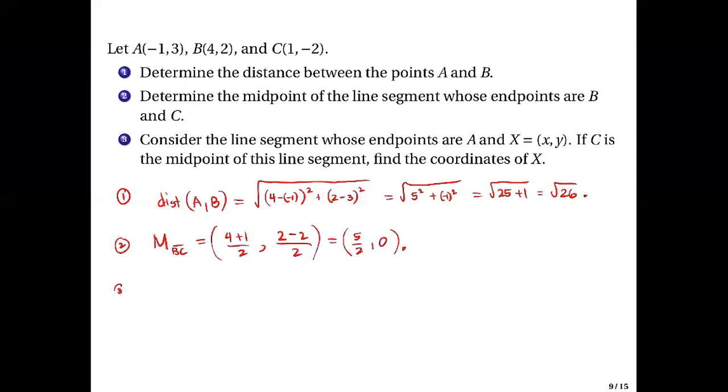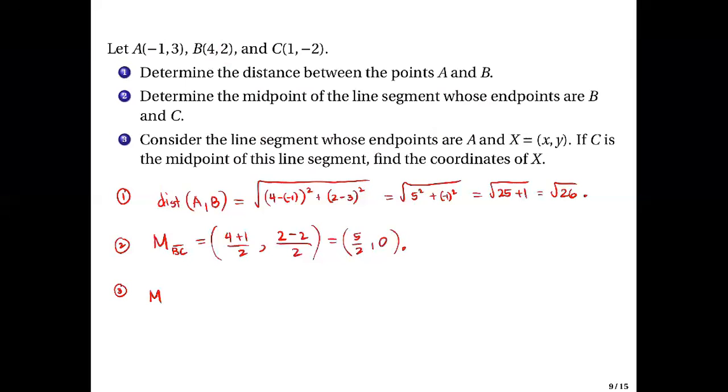For number 3, we consider the line segment whose endpoints are A and X. Okay? And then we find the coordinates of X if C is the midpoint of that line segment.